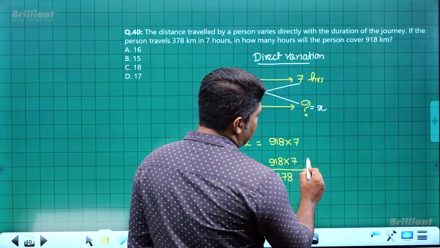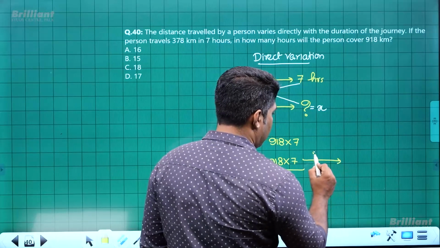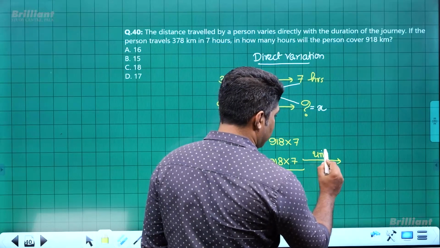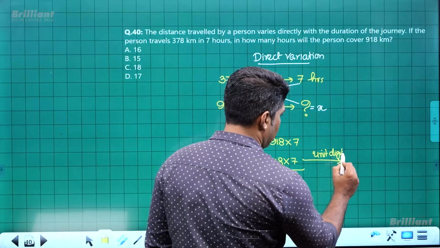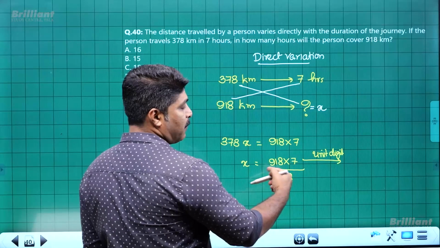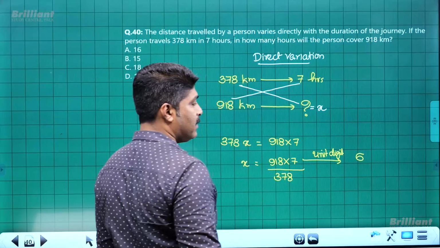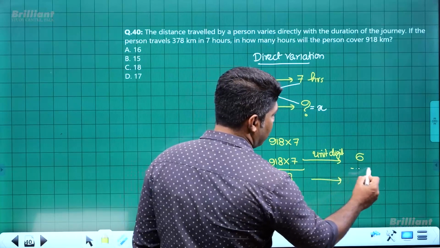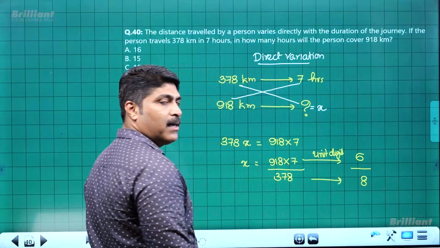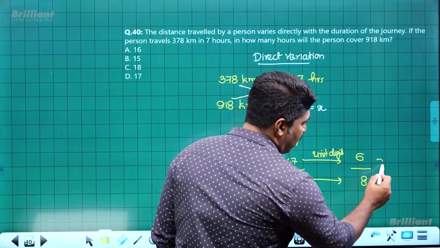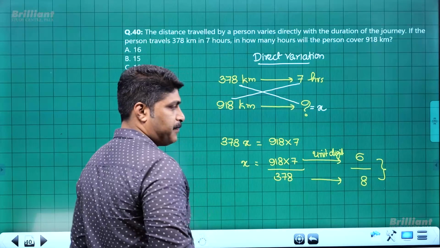So what is the unit digit here? Here we are thinking about the unit digit of this product. The unit digit of this product is 6. Here the unit digit is 8. Got it? Think about the unit digit of this operation.